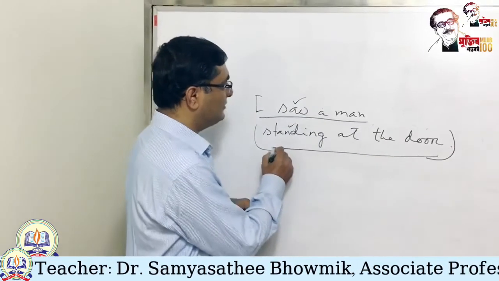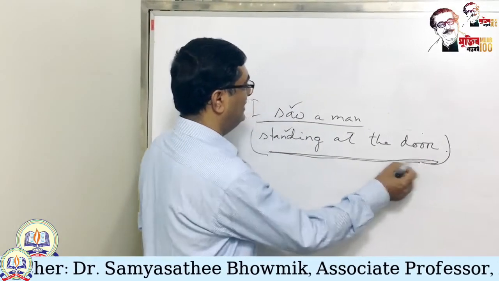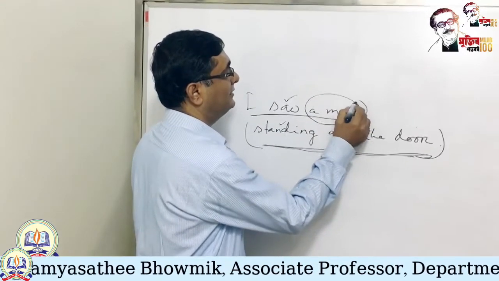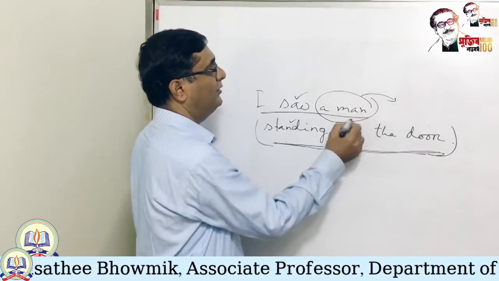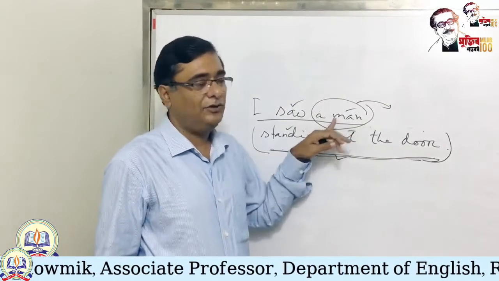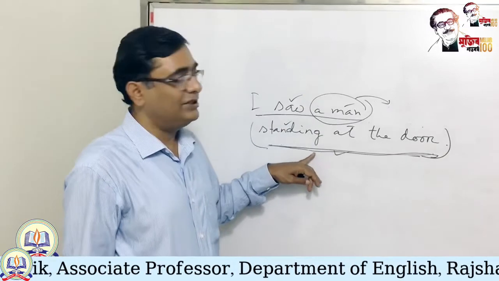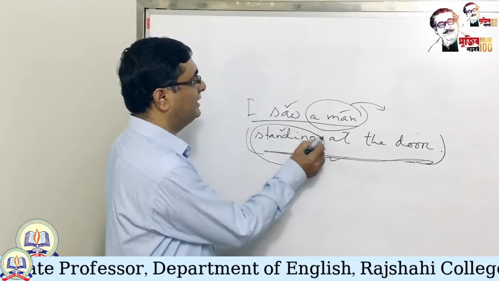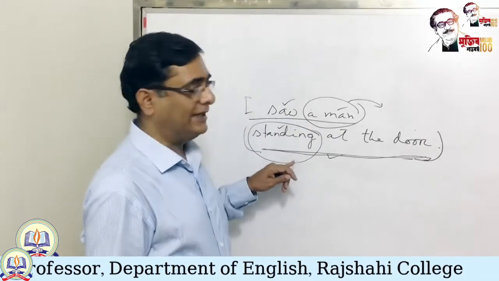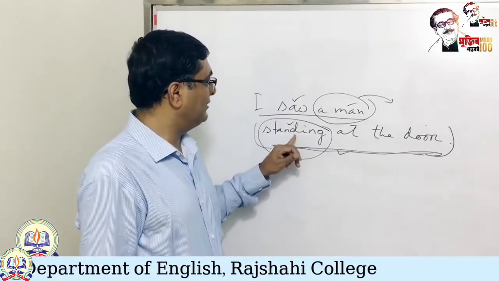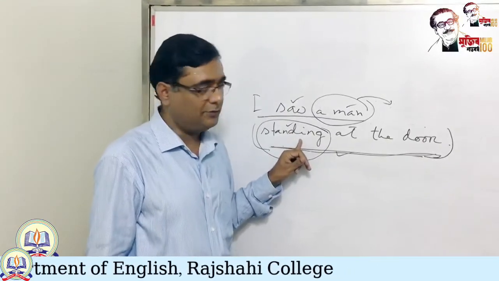Now you can say that this phrase is basically qualifying the noun man. Since it is qualifying a noun, you can say it's an adjective phrase. But remember one thing, there is always a confusion. There is -ing with the verb stand. In some grammar books you will see that they consider this one a present participle phrase.